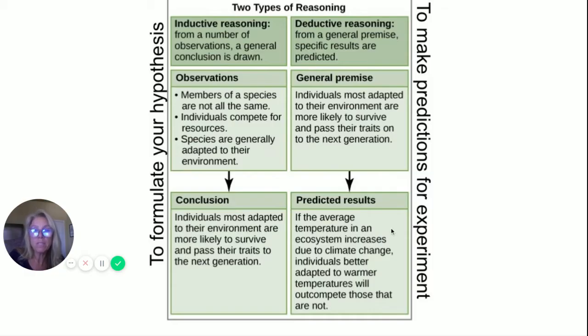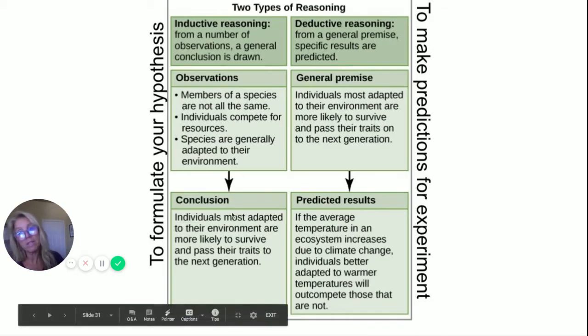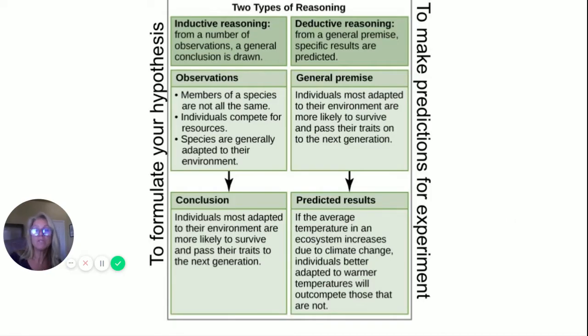So if you look at the predicted results right here with the deductive reasoning, if the average temperature in an ecosystem increases due to climate change, individuals better adapted to warmer temperatures will outcompete those that are not. And then I could collect data on that.